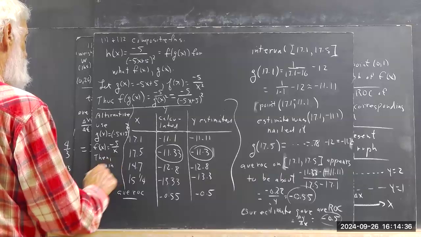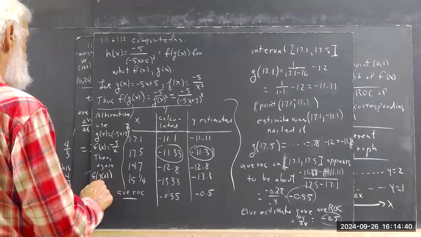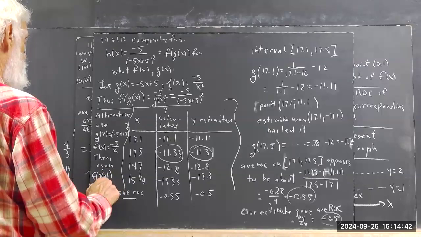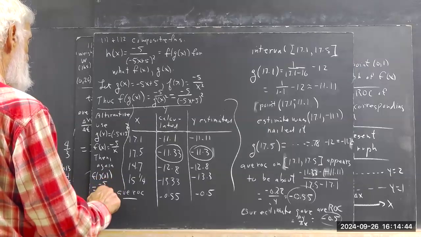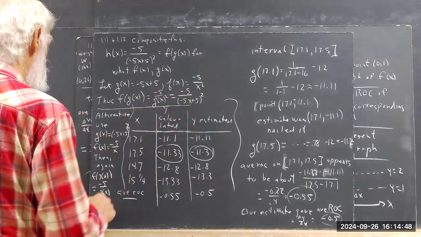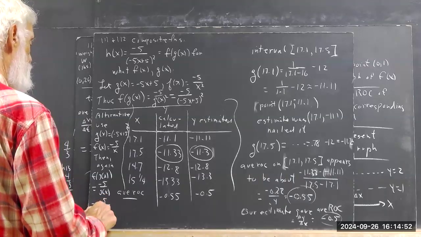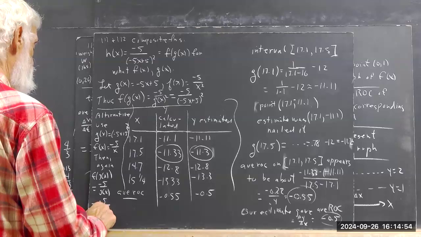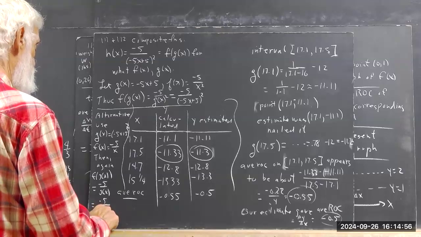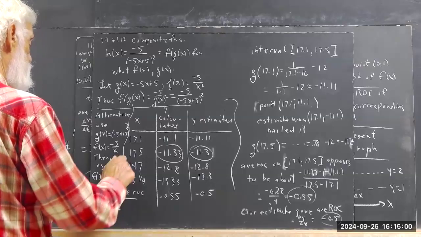Then again, f of g of x equals -5 over g of x, not -5 over g of x squared. And g of x already has the square, so it's -5 over -5x plus 5 quantity squared.